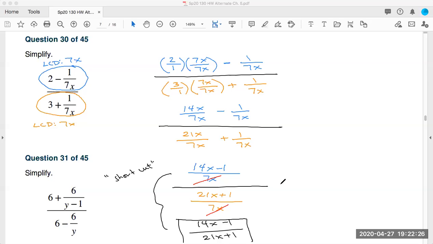But understand why it works if you use it. The reason it works, you have 14x minus 1 divided by 7x, old school divided by 21x plus 1 over 7x.